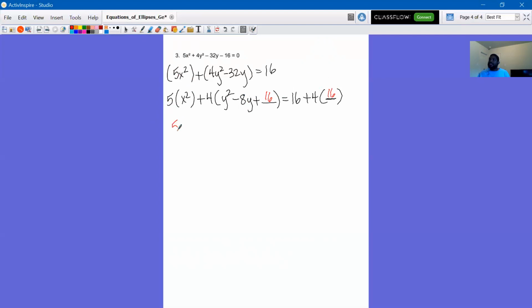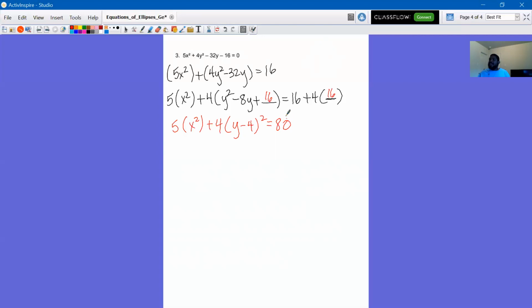So now we're going to factor. This factors to y minus 4 squared. And then when we simplify the right-hand side, we get 80.